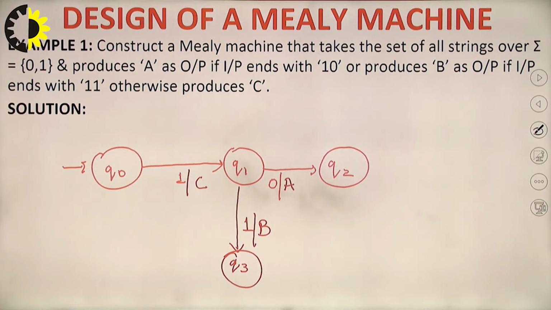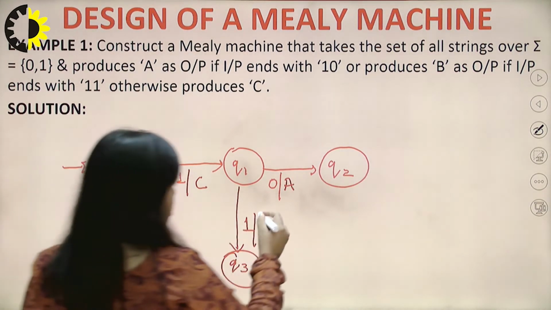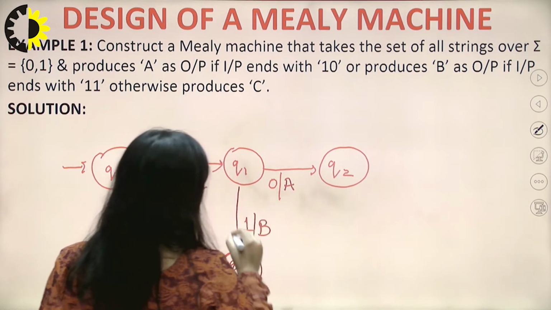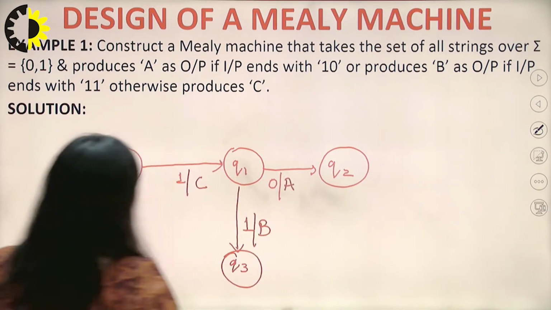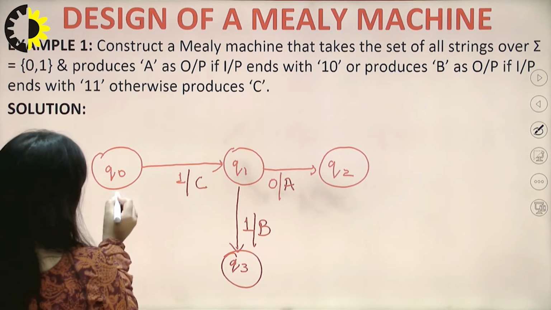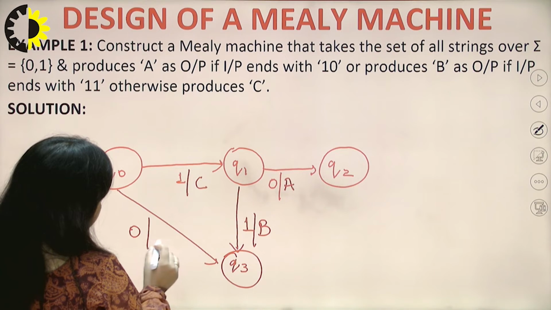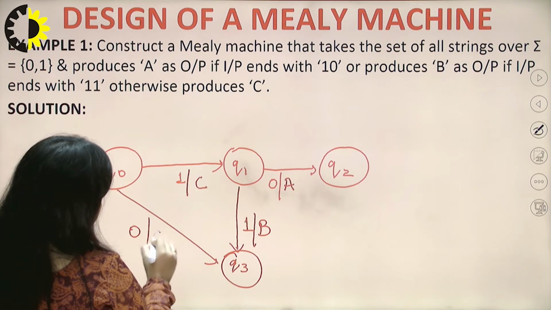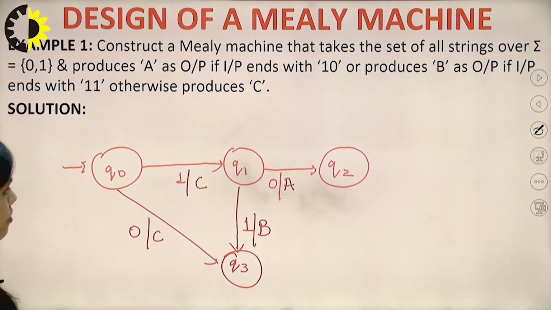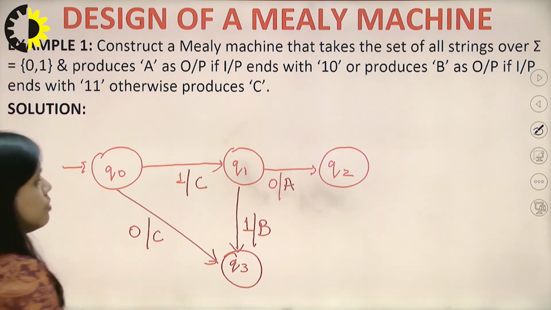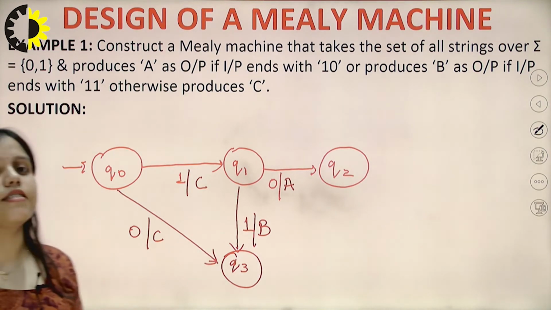Now if we go about it, we are getting 0, 1. If I get 0, I get 0 with C. Why? Because there is no final state in such machines.